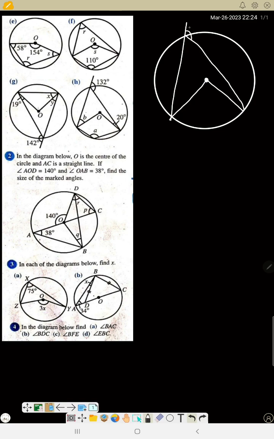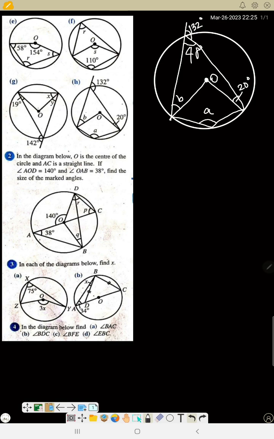So here is 132 degree. So this is B, O, A, 20 degree. So now, how can we find A and B? First, this is angle on a straight line here, and sum of angle on a straight line is 180. So that means 180 minus 132, so that is 48. So this place is 48.